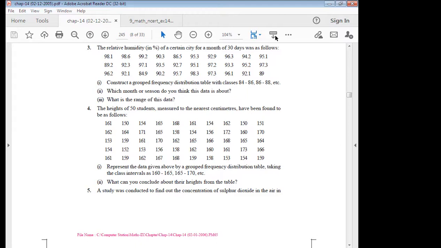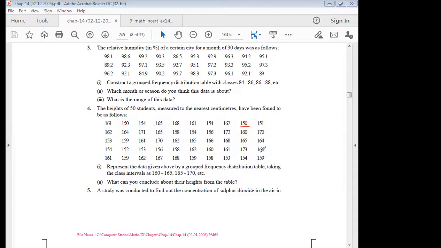Understand? Look at the data set given here. I think 150 is the minimum value, so we take 150 to 155 as the first class interval. Yes or no?